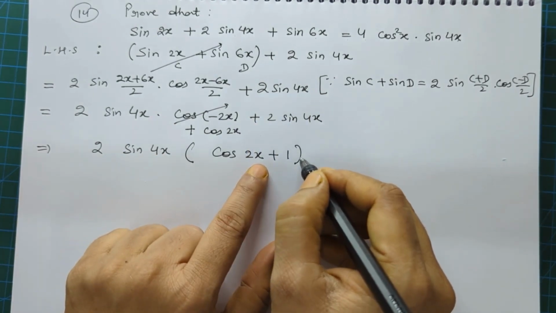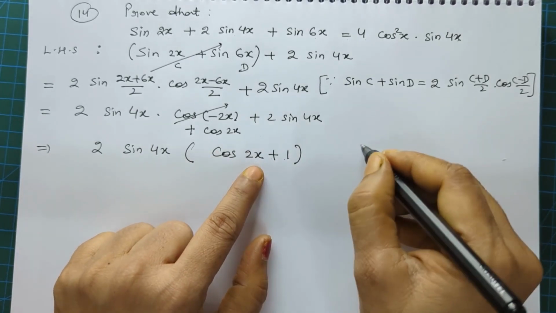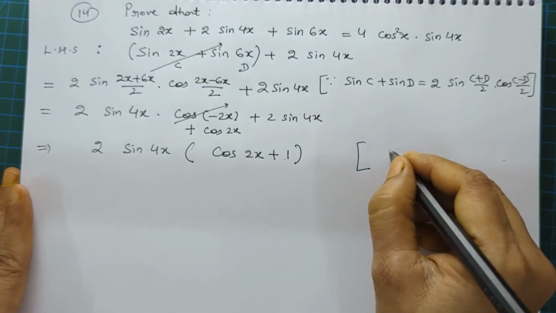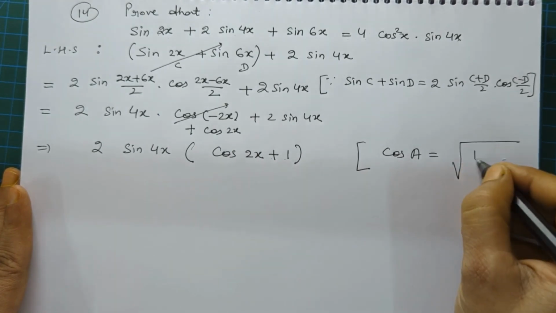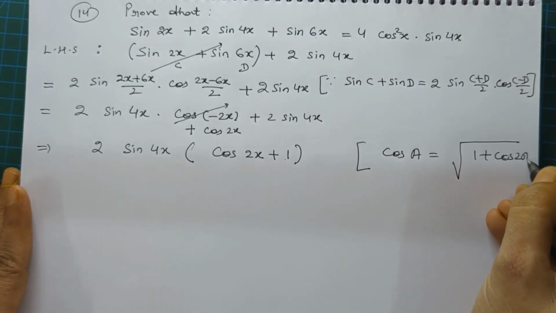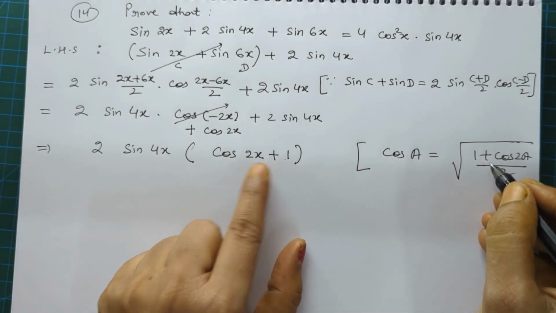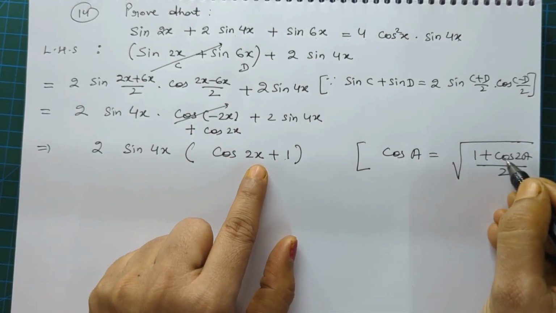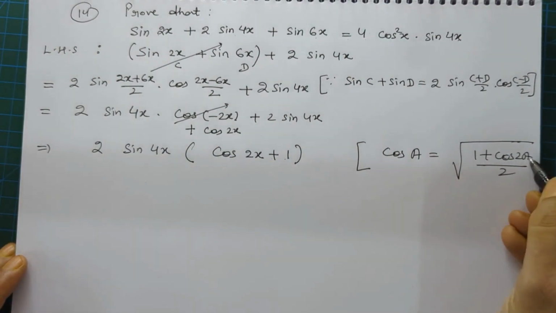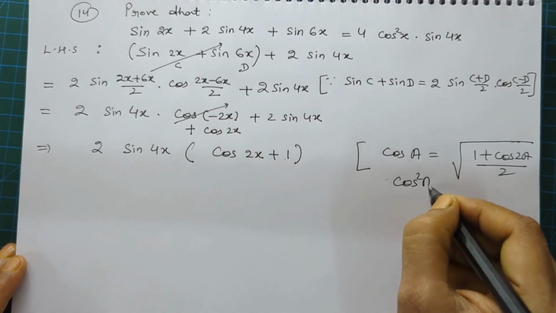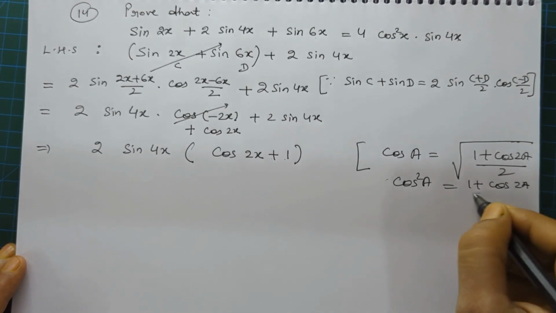Now this will relate to some identity, 1 plus cos 2x. The identity is cos A is plus or minus root of (1 plus cos 2A) by 2. So we have that term 1 plus cos 2A. So squaring on both sides, we get cos square A, which is (1 plus cos 2A) by 2.